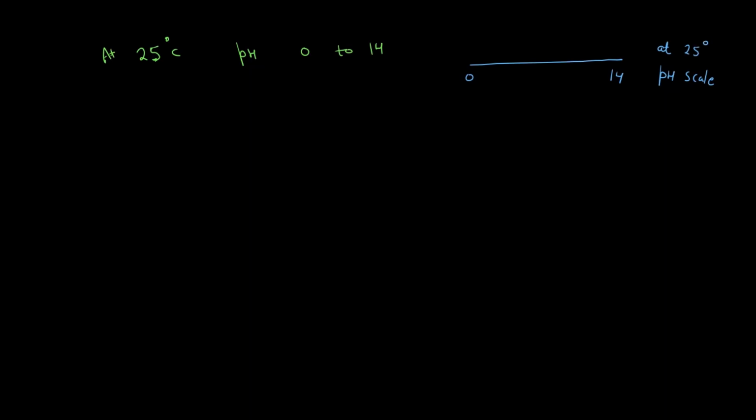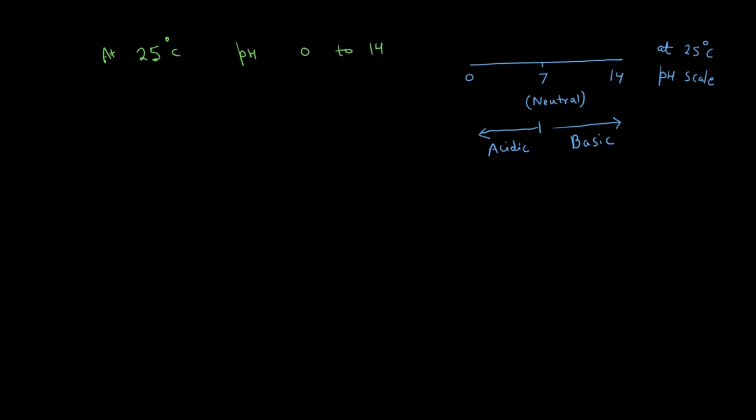This is very important. This pH scale holds good only at 25 degrees Celsius, and somewhere in between 0 and 14 is 7, which is termed as neutral. So our water is neutral. If we go below 7, the solution becomes acidic, and if we go above 7, the solution becomes basic.